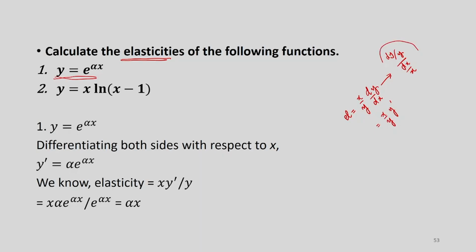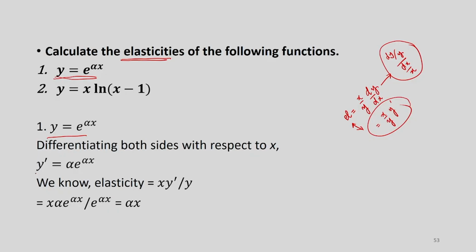So, elasticity tells us what is the percentage change in the dependent variable with respect to percentage change in the independent variable. So, that is why you are actually getting this form as the elasticity, x divided by y multiplied by y dashed. Now, we are going to use this simplified form for these functions.